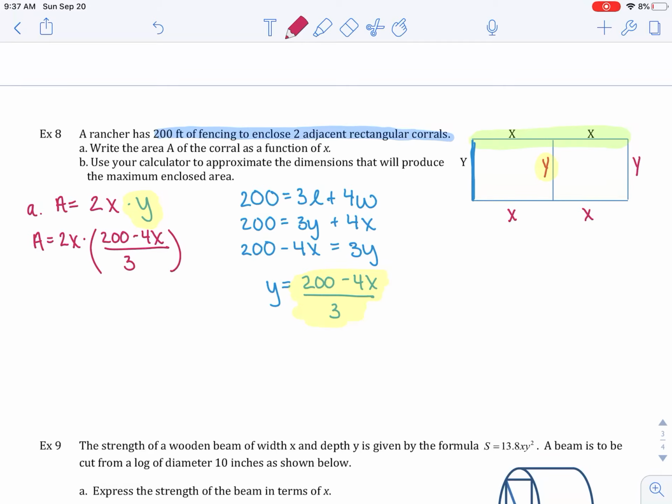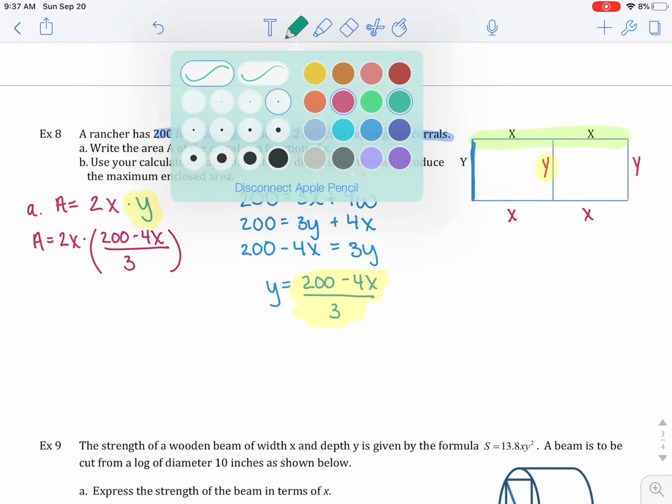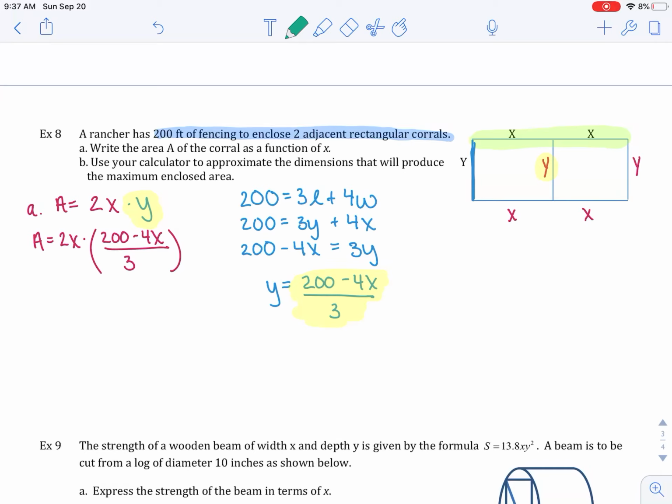Okay? Part B is asking us, use your calculator to approximate the dimensions that will produce the maximum enclosed area. Okay, so what you should do now is to graph this guy. So part B, I'm going to let you have time now.